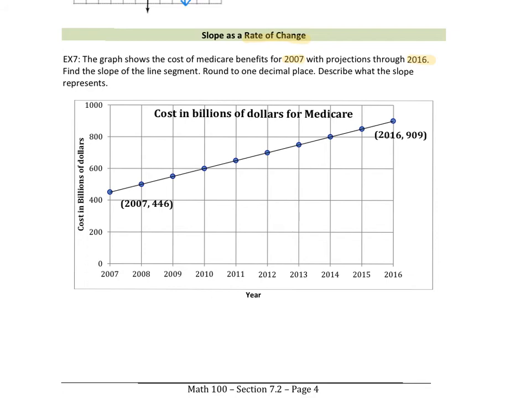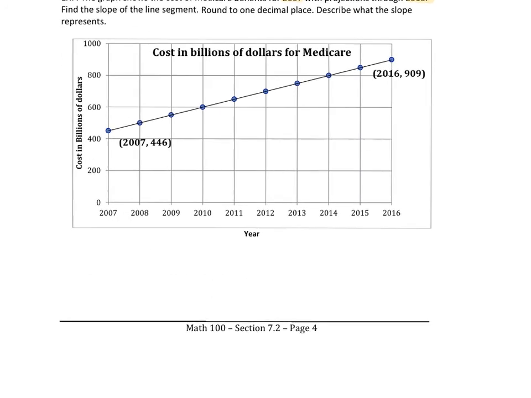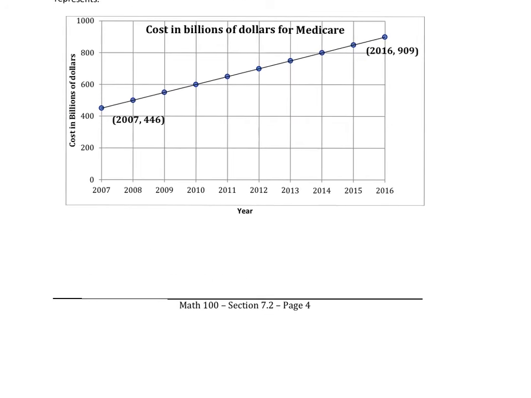Notice that I have points on my graph. The 2007 would be my x sub 1, and 446 would be my y sub 1. So that means in the year 2007, the cost, in billions of dollars, was 446.